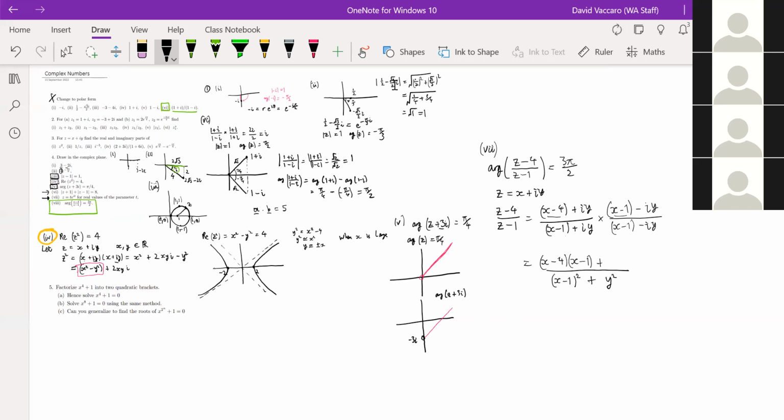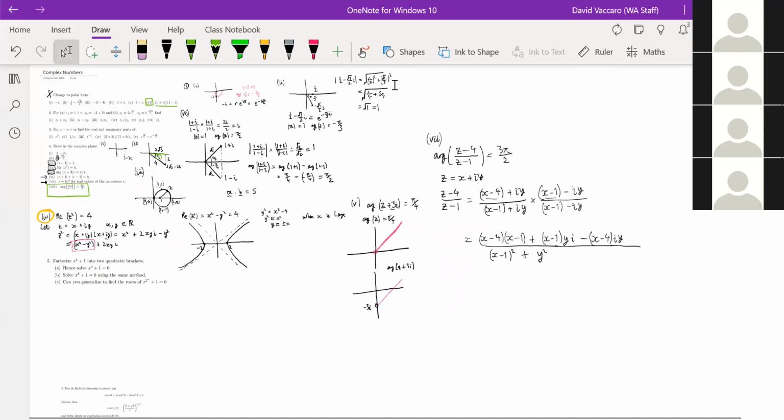We get the cross terms where the real parts hit the imaginary terms. And then we get the two imaginary terms hitting one another. So we need to be a little bit careful. iy times negative iy is plus y squared.